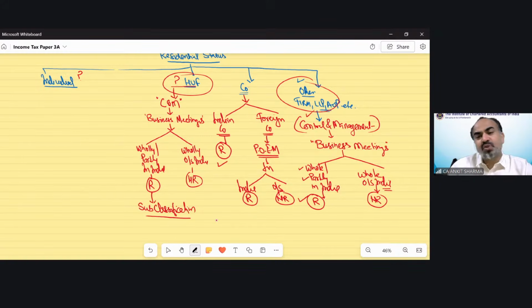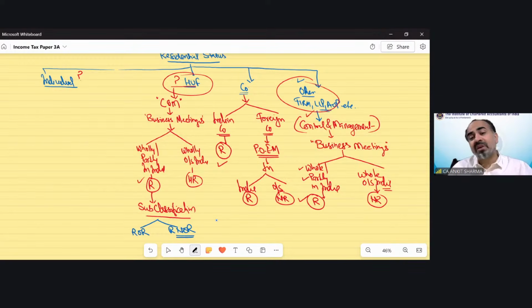That means if you are a HUF and if you become a resident, then the answer will not end. This is further subclassified into two categories: whether you are a resident and ordinarily resident, or a resident and not ordinarily resident. So the problem is, in case of HUF, if you become resident, the answer does not end.